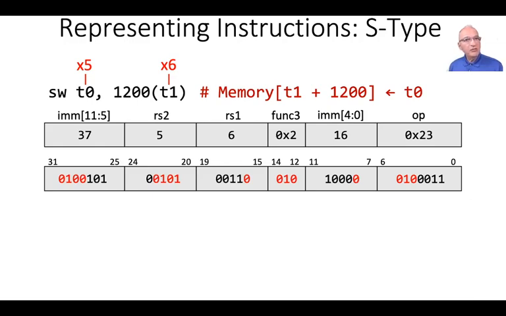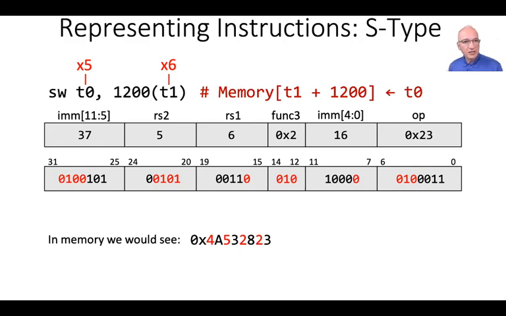So this is the encoding for that store word. Note that the immediate field is the encoding of the number 1200, and bits 0 to 4 of the immediate field appear in bits 7 to 11 of the instruction code, while bits 5 to 11 appear in bits 25 to 31 of the instruction code. So in memory, you'd see that hexadecimal value.